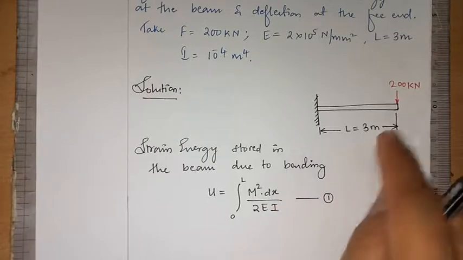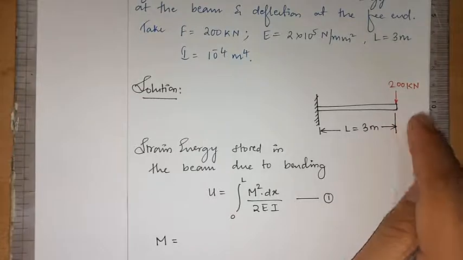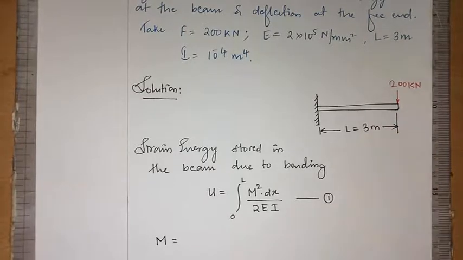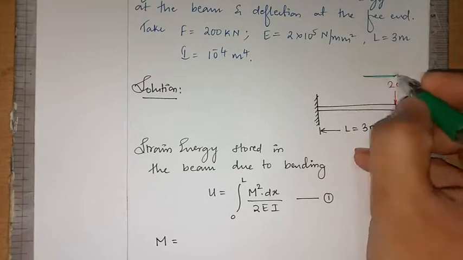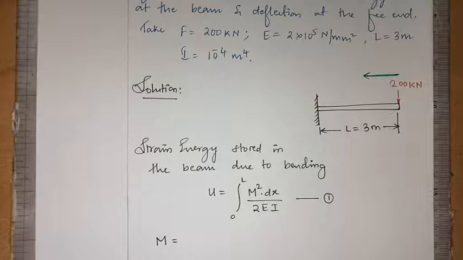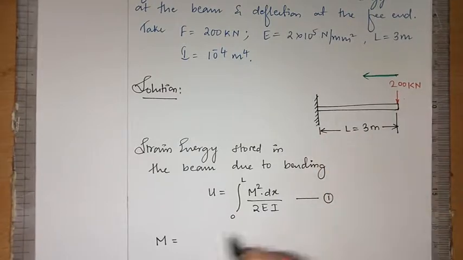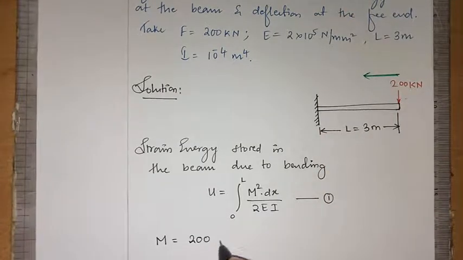So here in this case the moment M is given by, this is a cantilever beam, and in a cantilever beam you will be moving your section from right to left. So this will be your direction. When this is your direction, moment is force into perpendicular distance. So it is 200 kilonewton into 3 meters, and it will be negative.